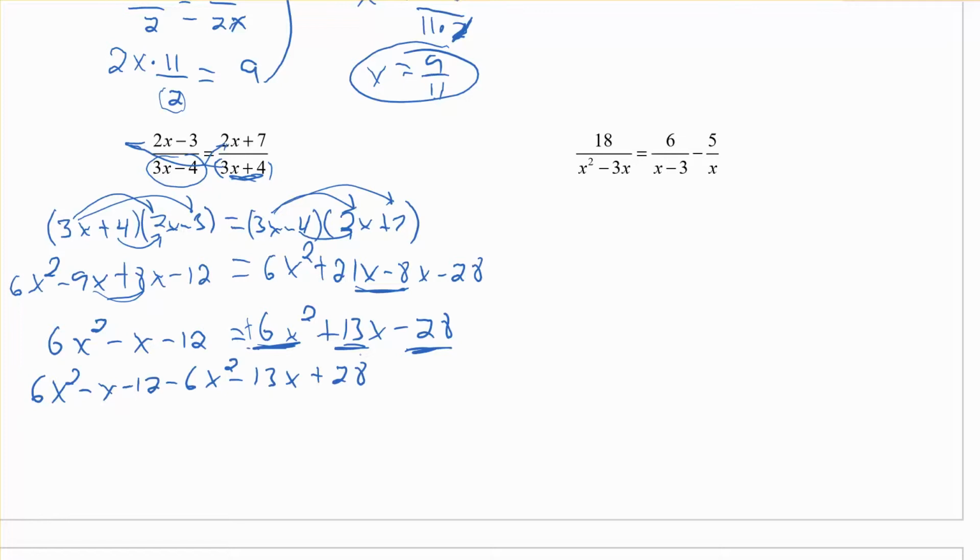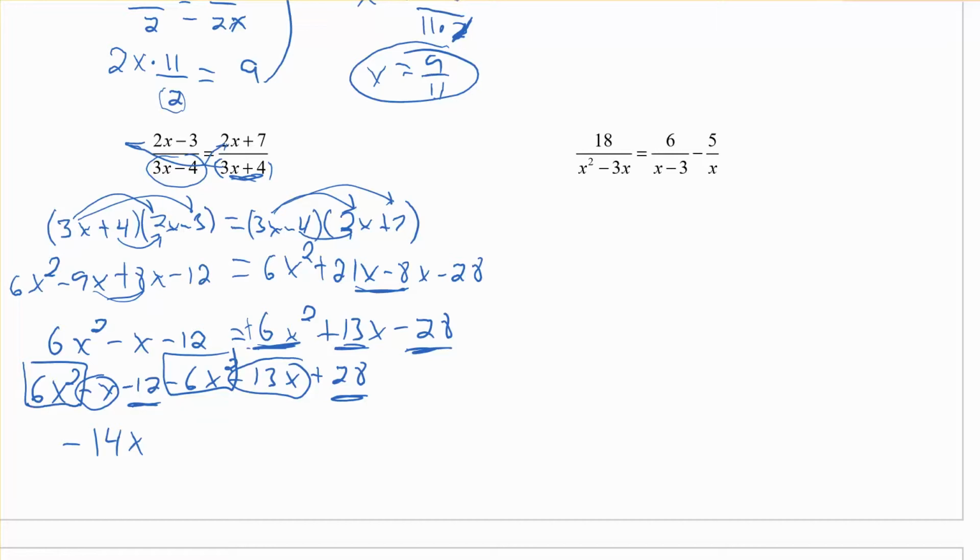Now we just need to collect my like terms. So looking at my x squareds, I've got 6x squared, negative 6x squared. Well, those cancel. I got no more x squareds left. All right, so if I look at my x's, I've got negative x, and I've got minus 13x. So what I'm left with is minus 14x. I'm just going to underline my numbers I got left.